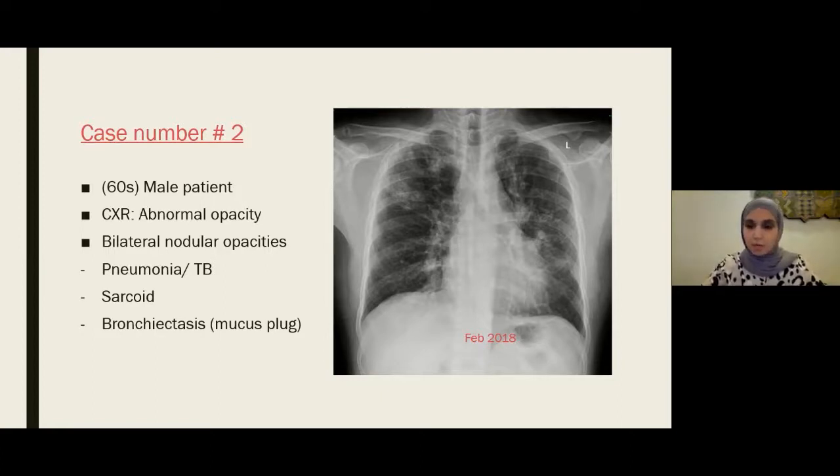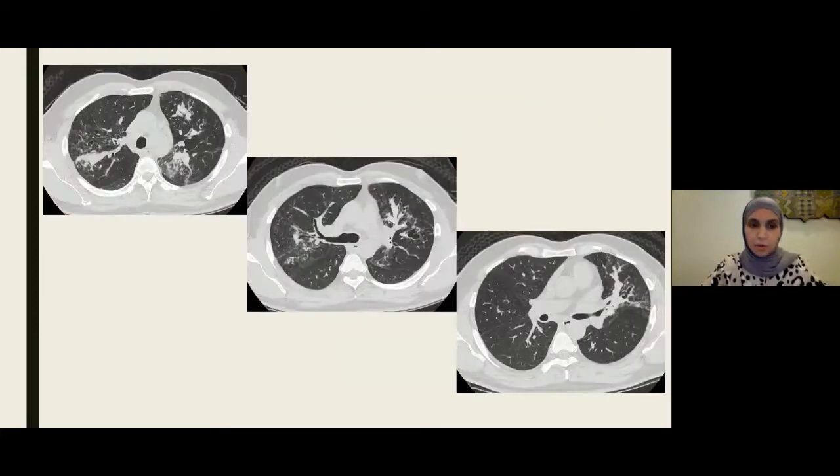CT was performed for this patient, showing bronchiectasis with bilateral dilated, tubular, fluid-filled structures, along with regional centrilobular nodules, some of them showing a branching tree-in-bud pattern, and others just isolated centrilobular nodules.